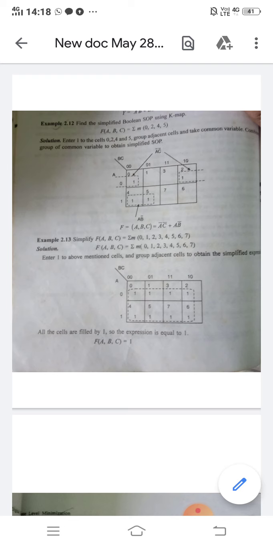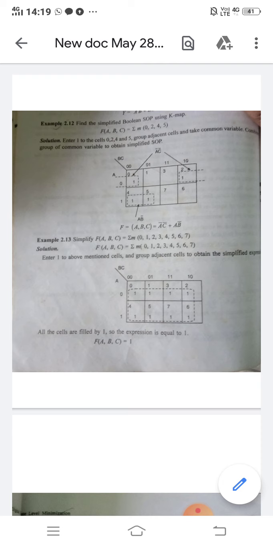Next, the way to identify whether it is SOP or POS: you can identify by sigma and small m. If small m and sigma is given, or any one of the two is given, it means it is SOP. This numerical is of SOP. Afterward, plot the values. I have told you the order 0, 1, 3, 2, 4, 5, 7, 6, the format of value filling and designation of cells, and why we do this according to BCD.